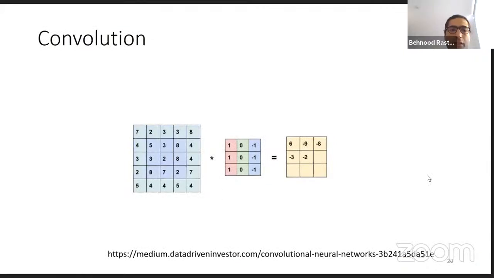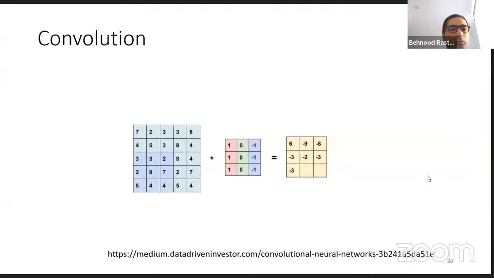So we start with CNN and explain convolution. In convolution, you basically have a filter, in this case for edge detection, and you convolve it with your image. You slide the filter over your image and calculate the values, and in this way you're extracting some features.